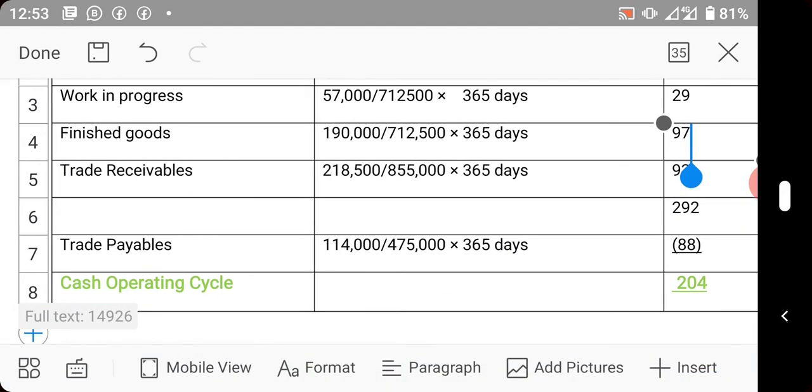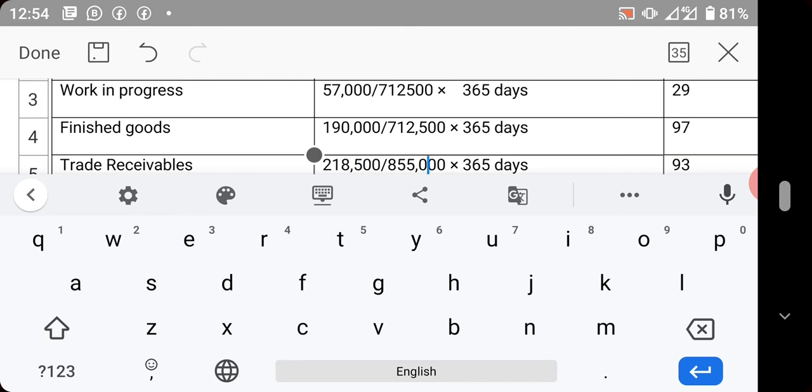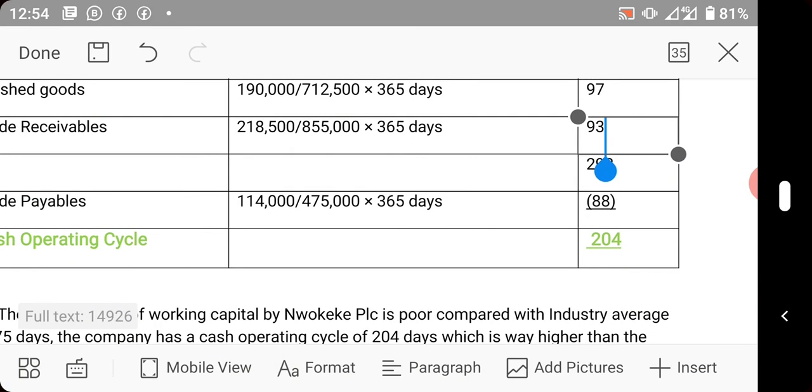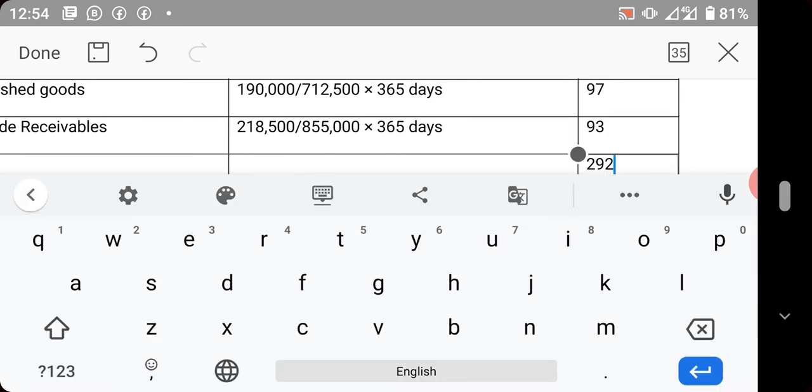Then we'll look at trade receivables. The formula is trade receivables divided by sales times 365 days. So this is the value of trade receivables, this is the value of sales, and this is our days. So we have the answer, 93 days. Then you add all this together, we have 292 days.